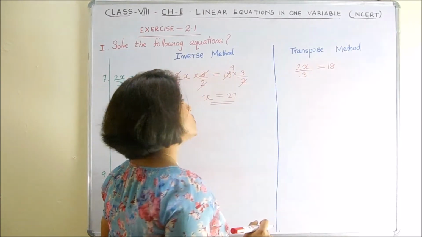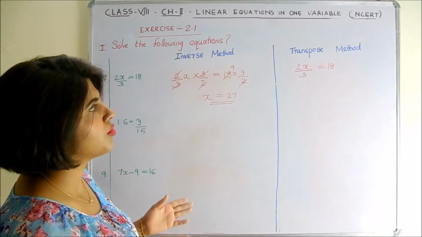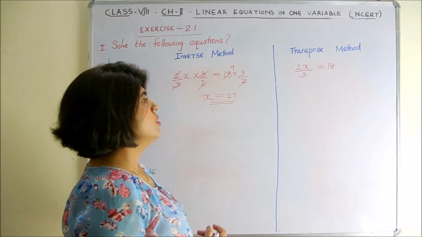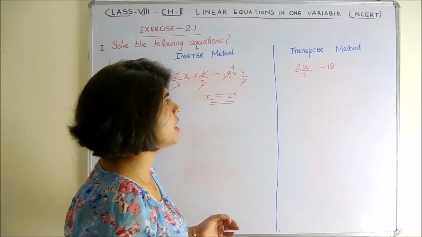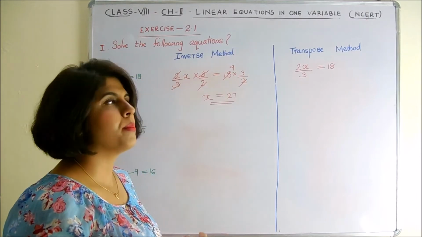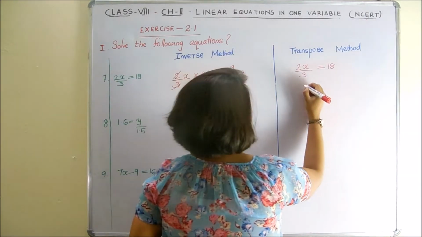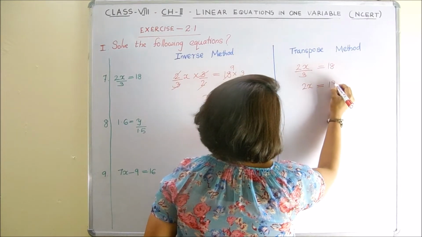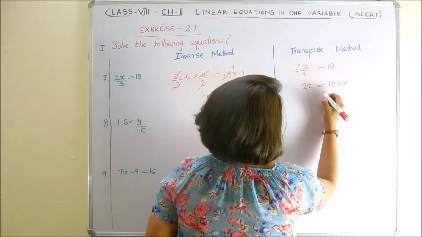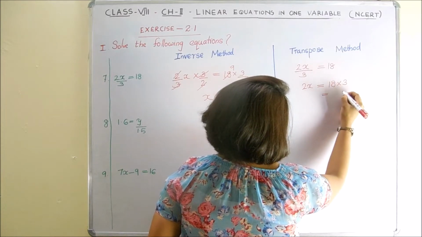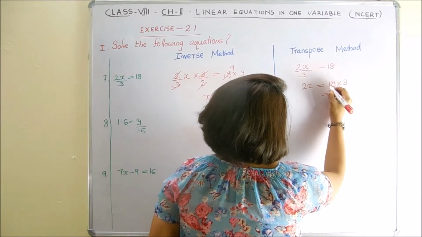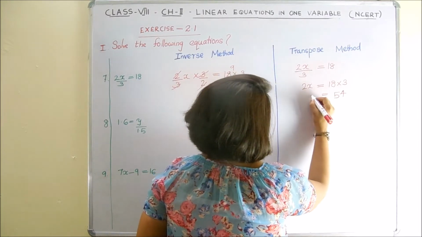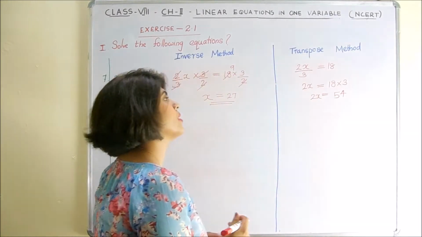We have to eliminate 2 and 3 from the numerator and denominator as well. So first we can eliminate 3 by transposing it into the right hand side as multiplied by 3. Then you will get the answer: 18 into 3 is 54. 2x equal to 54.